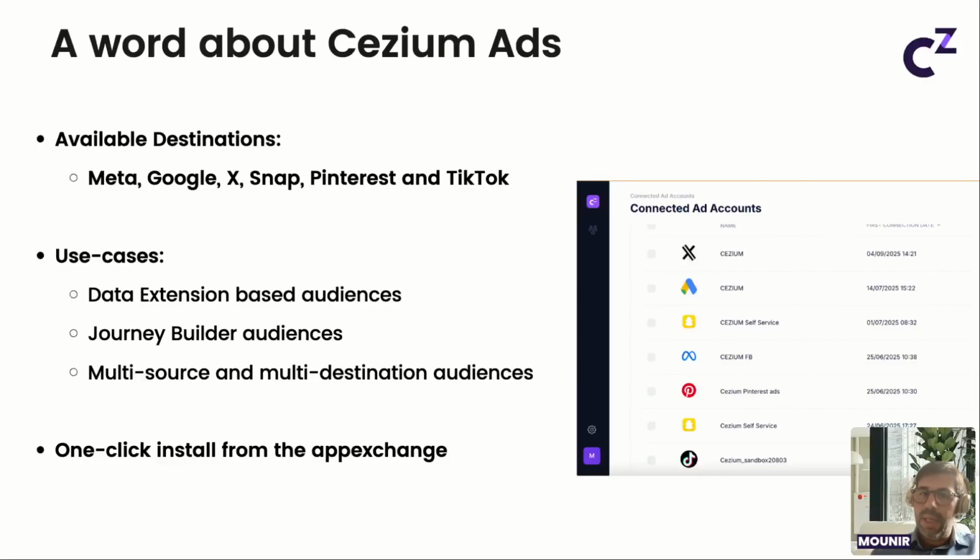The use cases: you can build data extension based audiences, Journey Builder audiences, but you can also build multi-source and multi-destination audiences, which means you can create audiences based on multiple data extensions, populated from Journey Builder, or where connections are removed from Journey Builder. And it's a one-click install from the AppExchange.